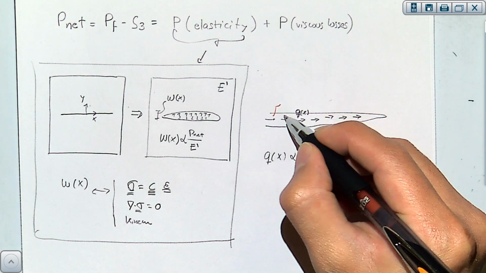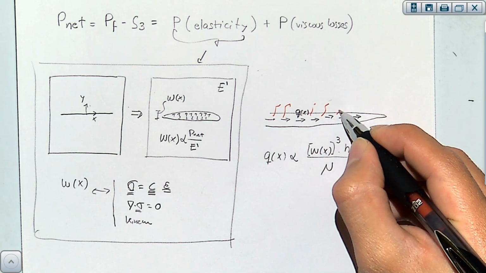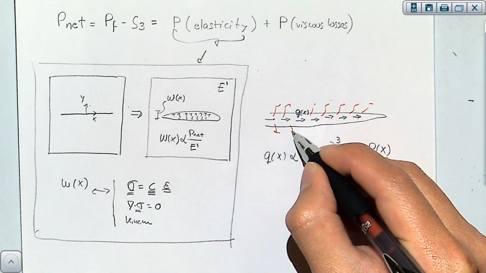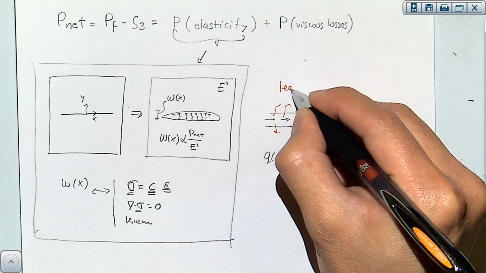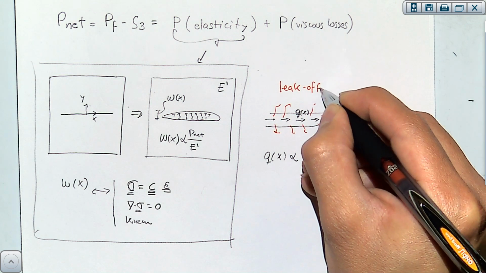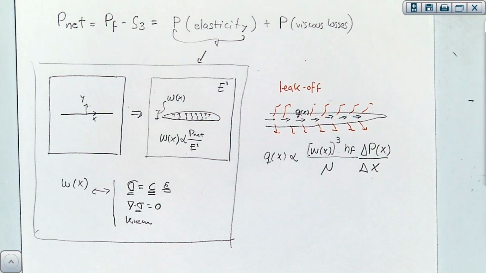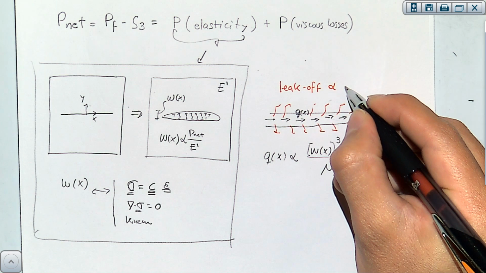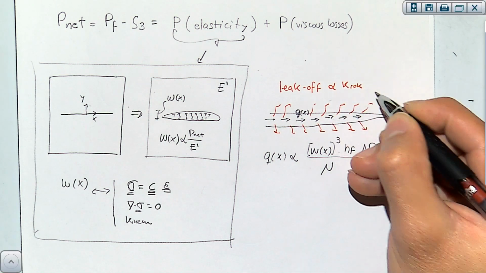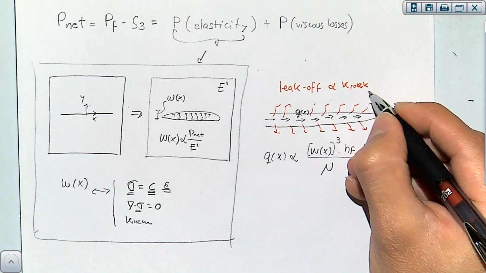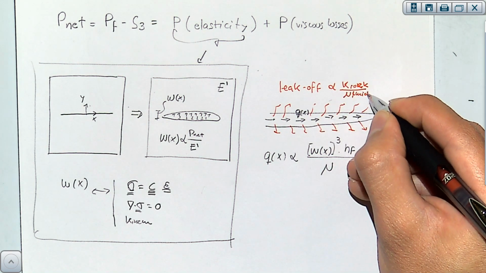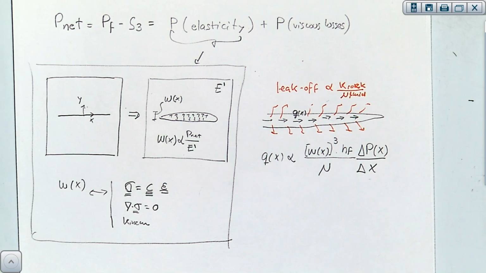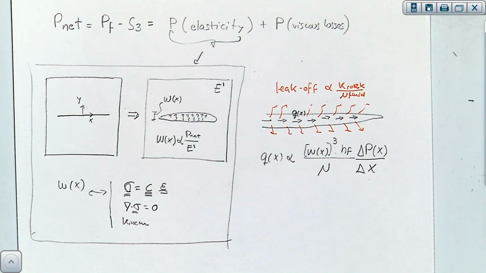And this is just one part of the losses. In addition, you're going to have leak-off. And the leak-off is going to be proportional to the permeability of the rock, inversely proportional to the viscosity of the fluid, and also is going to depend on the difference between the pore pressure and the pressure in the fracture.